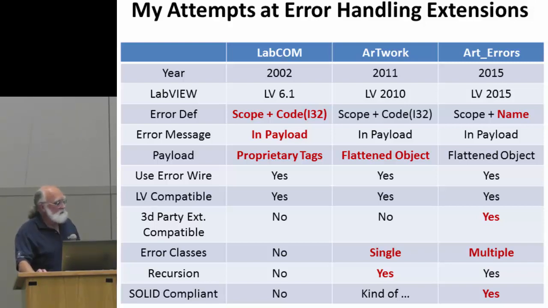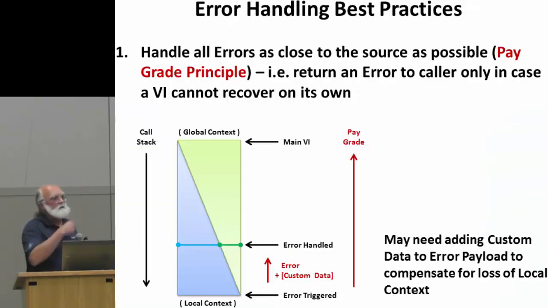And multiple types of error object can be passed to the same wire and handled by the error handling engine. And it is completely SOLID compliant to the current understanding of SOLID. So this is my history. It was a lot of work, but I consider error handling so important that I invested a lot of time. Any questions about it?